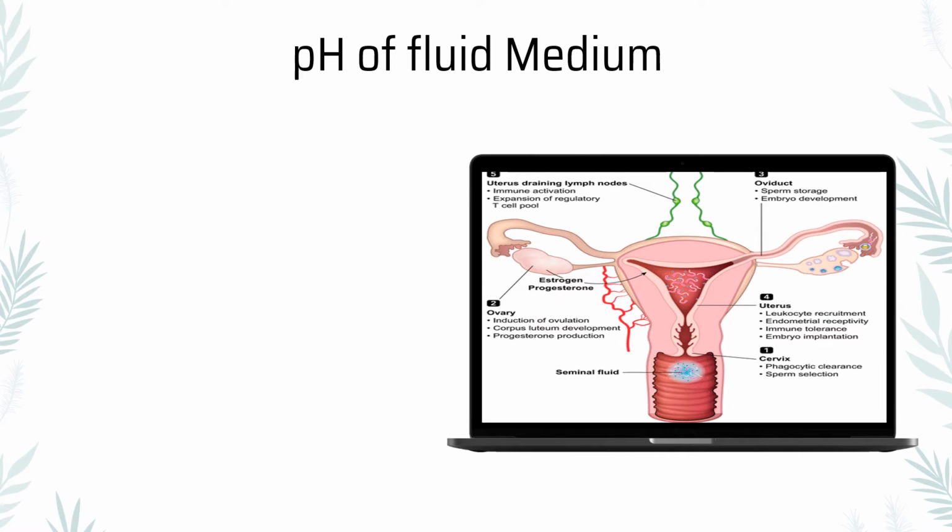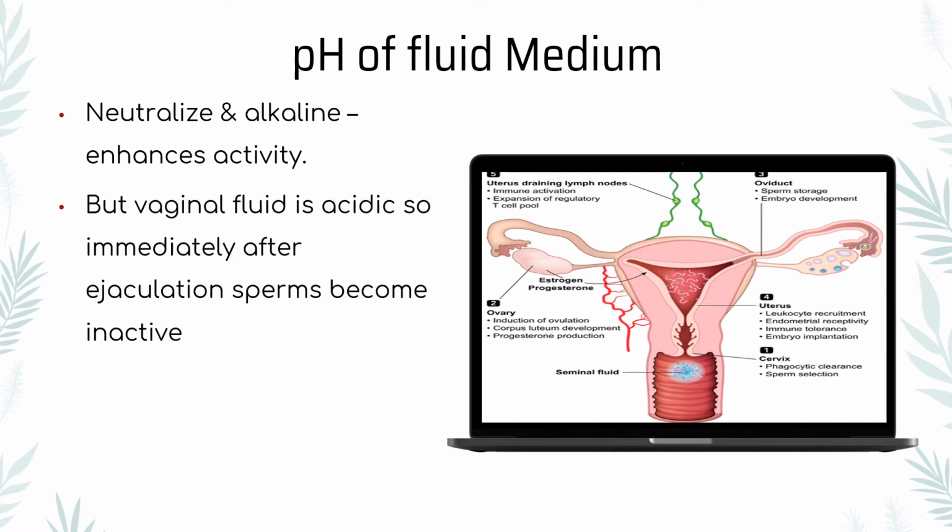pH of fluid medium. Neutral and alkaline pH enhances the activity of the sperms, but it is greatly depressed even in a mildly acidic medium. We know that vaginal fluid is acidic, so immediately after reaching the vagina, sperm activity is inhibited and the sperms become non-motile.